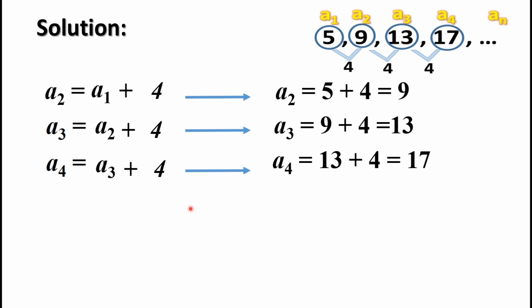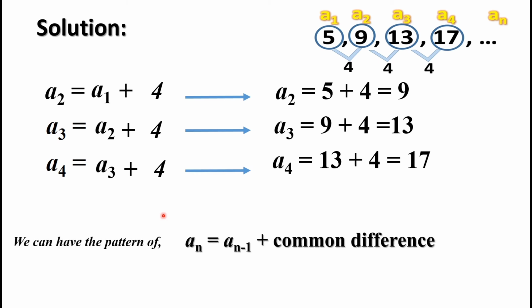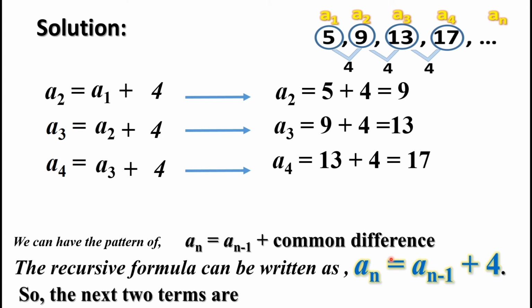So this given pattern is what we call recursive form of a sequence, wherein your first term and your recursive formula are given. We can have the pattern of a sub n is equal to a sub n minus 1, which is what we call the previous term or the preceding term, plus the common difference, which is the difference of the consecutive terms.